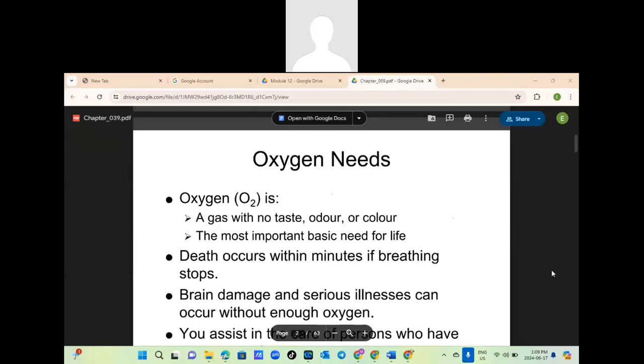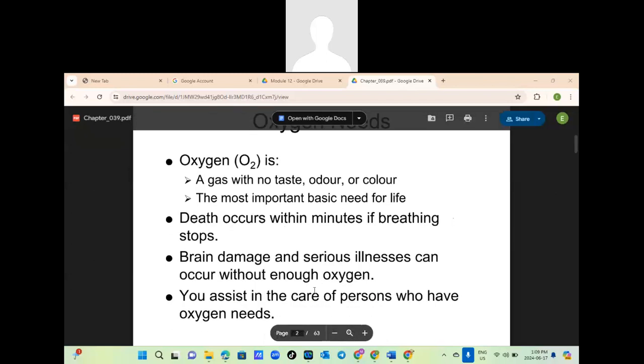So, again, as we have learned from our Module 3, circulation and the respiratory system, they go hand in hand. They compensate with each other, the heart and the lungs. Brain damage and serious illnesses can occur without enough oxygen.